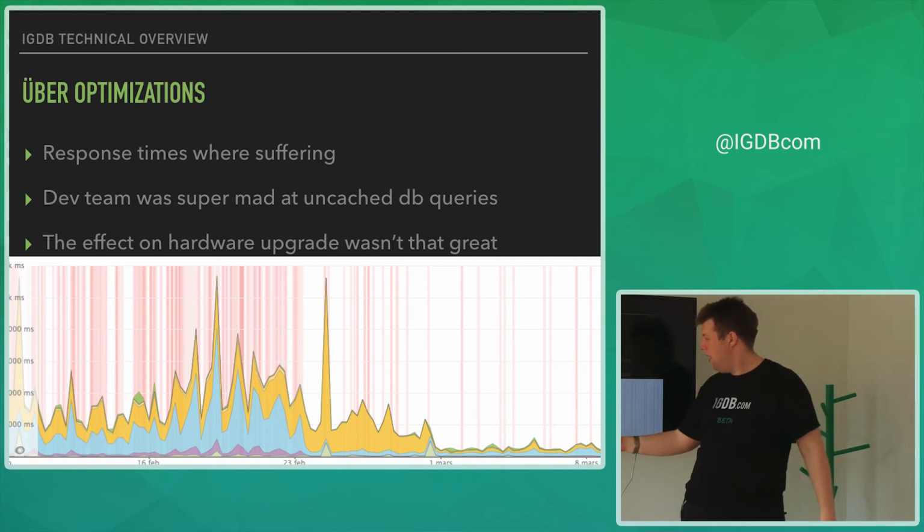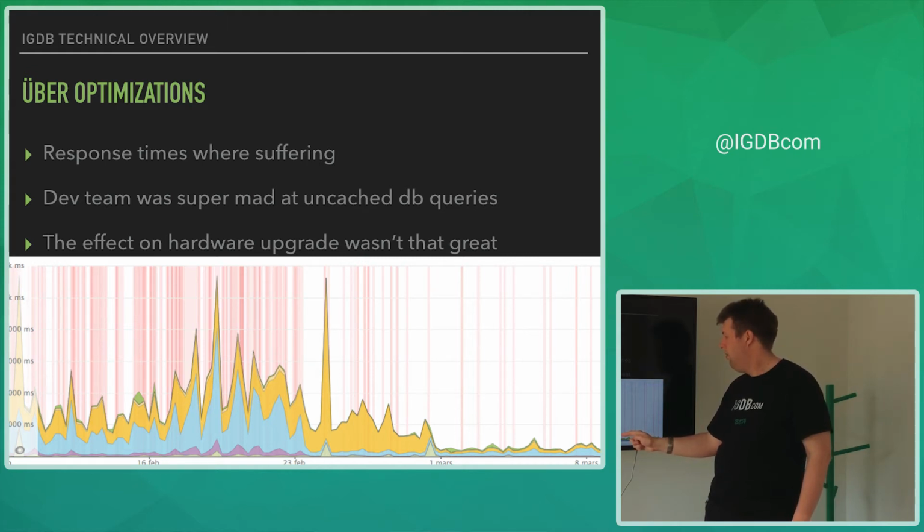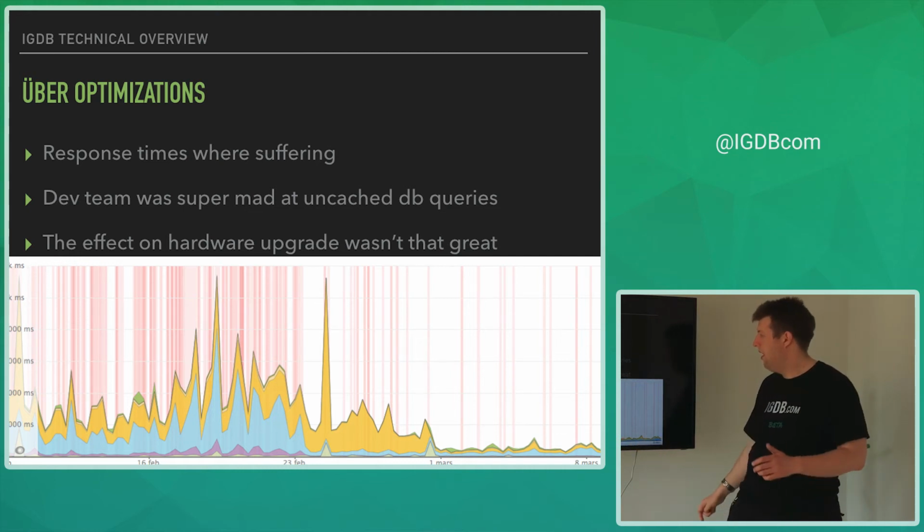So here you can see how it was before, and this is when we upgraded our hardware. And this is where we were when I had my Uber optimization deployed.